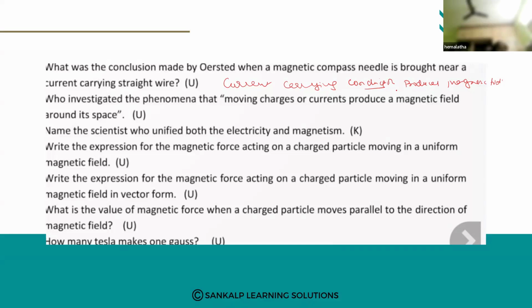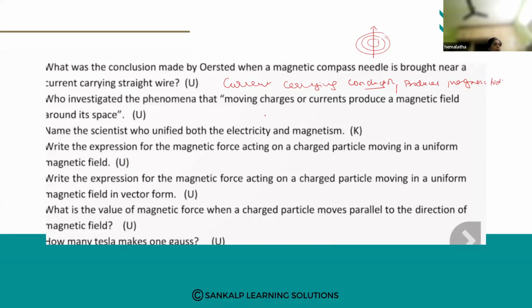So if there was a straight conductor, around it there is a magnetic field like this. If a current conductor is there, then the magnetic field will be like this, correct? So this is the answer we have found: around a current carrying straight conductor there exists a magnetic field.